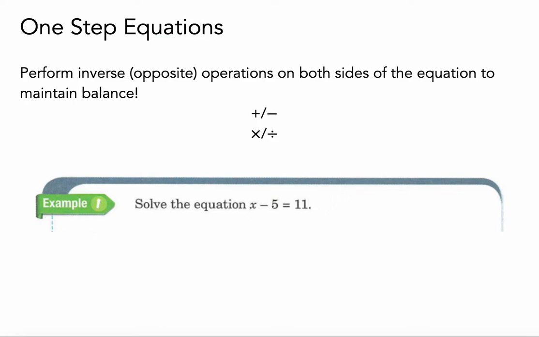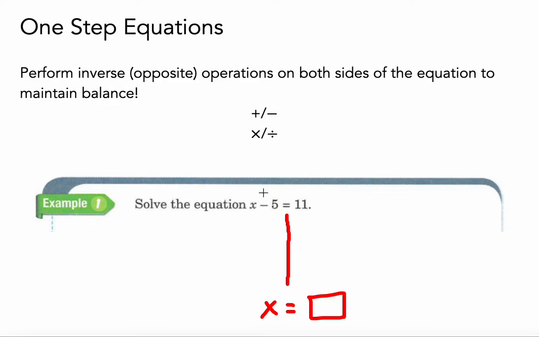I'm going to draw a line down from the equal sign to show my two different sides. When it says to solve the equation x minus 5 equals 11, what they really want to know is the value that x stands for at the end.